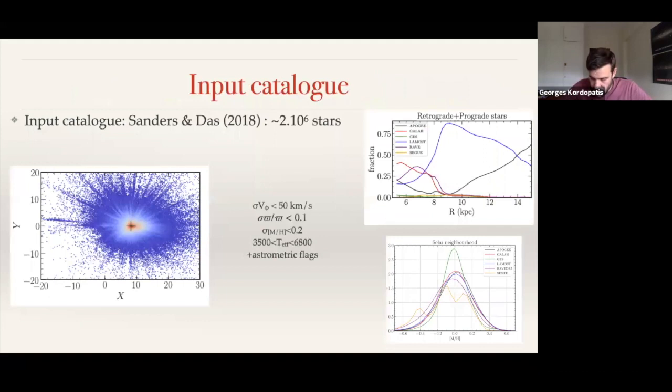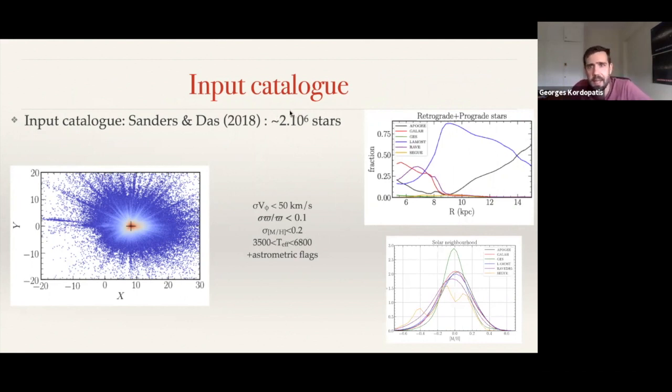What I have been using specifically is a catalog published by Sanders and Das in 2018, where they have compiled all of those stars in order to improve the distances in a Bayesian way, by taking into account the metallicity distribution, the colors, etc., not just the parallaxes.